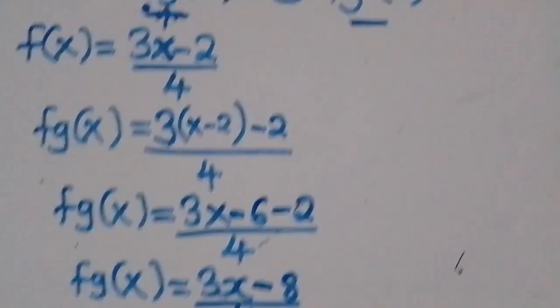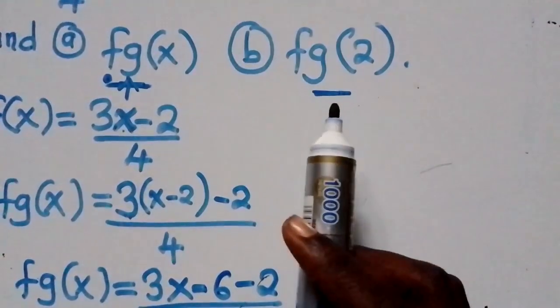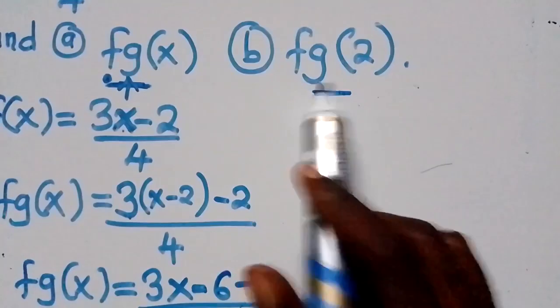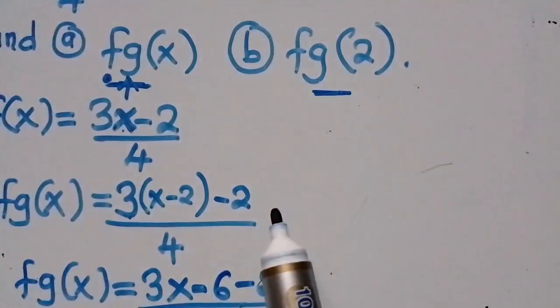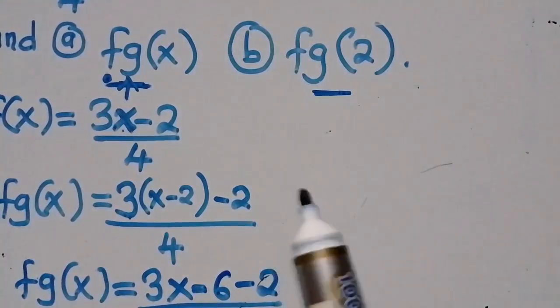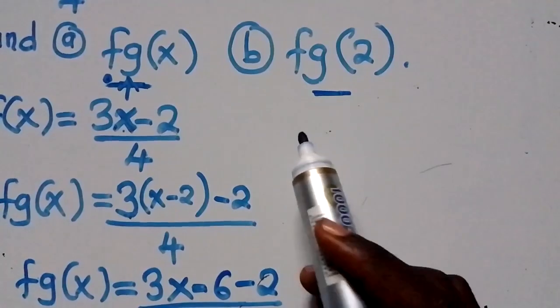I move to the next question that I'm having: fg of 2. How can you go about this one? Very simple. What you are going to do is this.